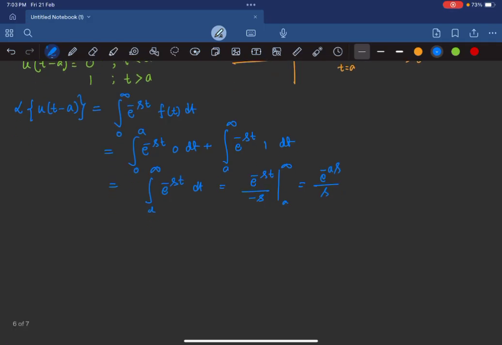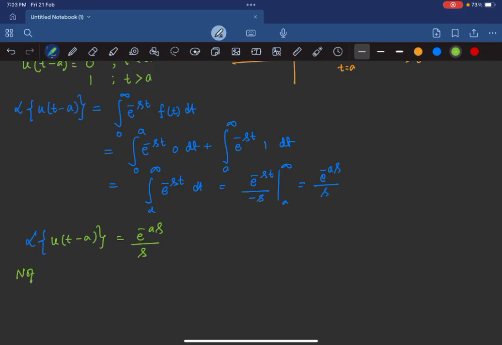So for this case, what will be the Laplace transform of the unit step function? The Laplace transform of u(t minus a) is e power minus as by s.